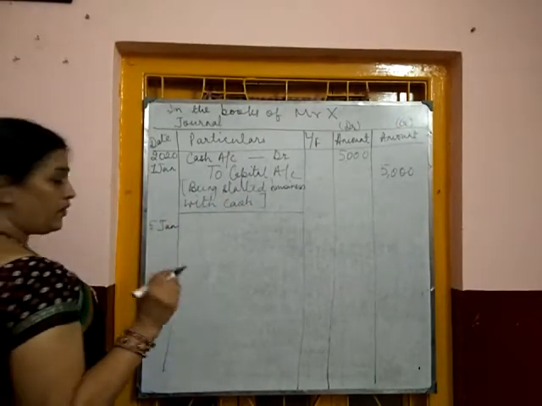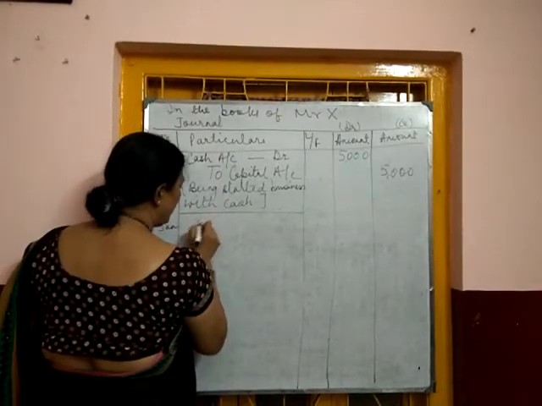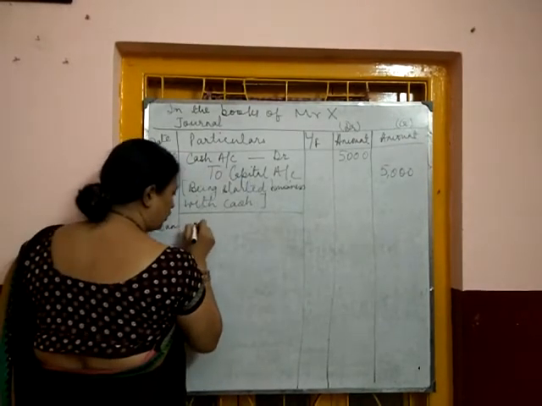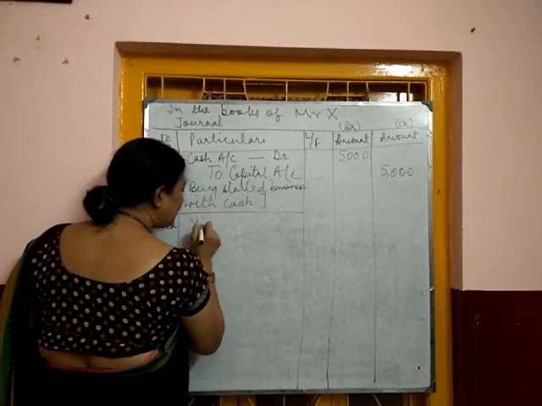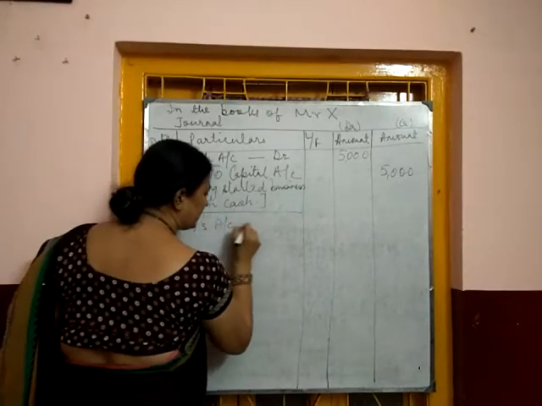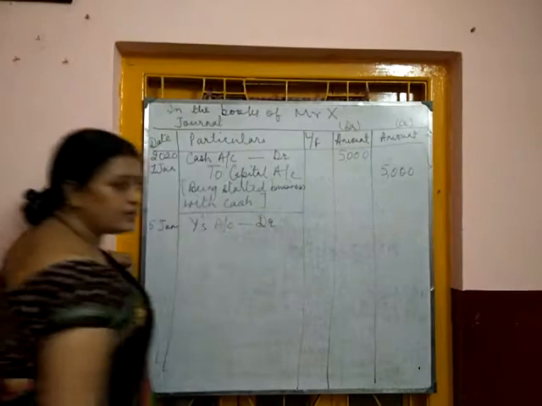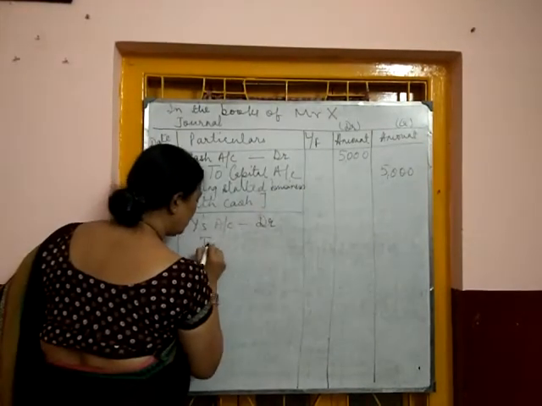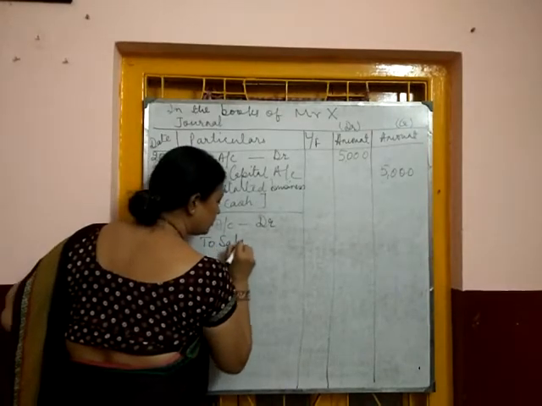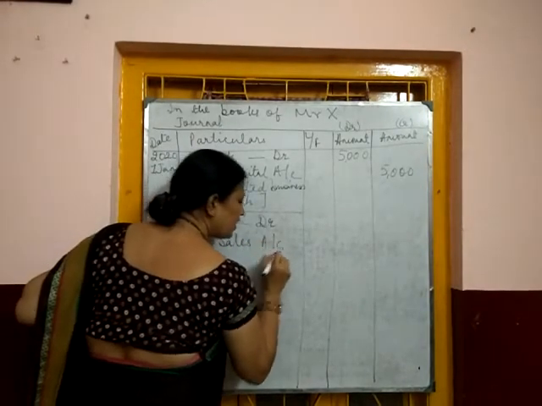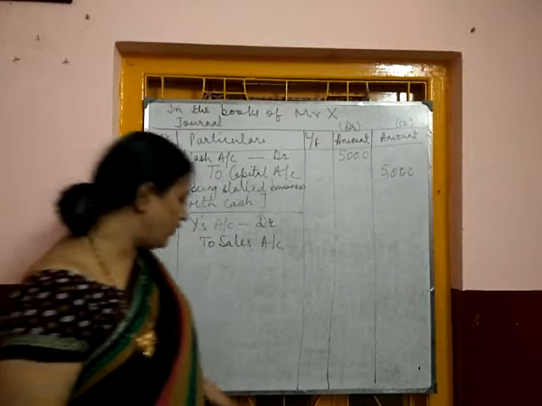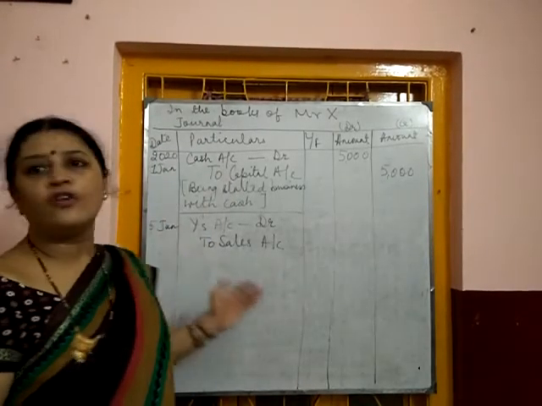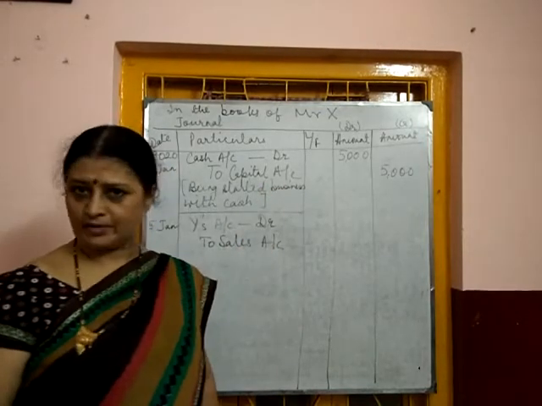So here we will write, we have sold goods to whom? To Mr. Y. So we will write Y's account debit, since he is the receiver, and to which account? To sales account. And suppose this goods has been sold for rupees 500.